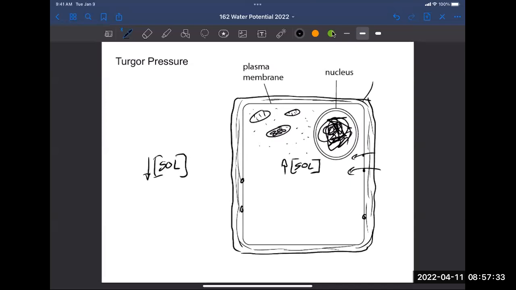So here's our cell wall. It's semi-rigid. So it can stretch a little bit, but it reaches its limit of expansion at some point. So semi-rigid, and it resists expansion.